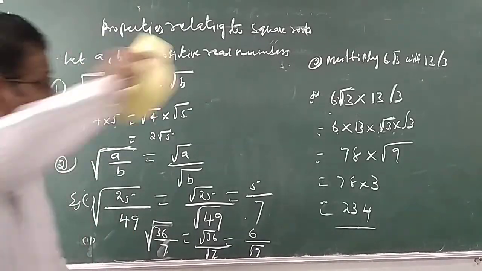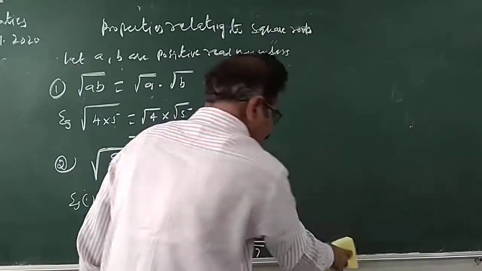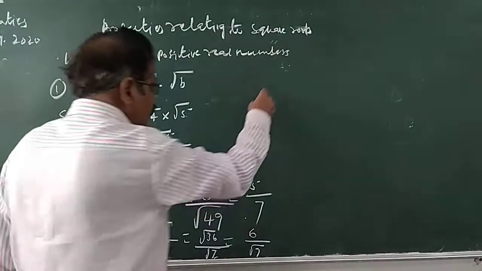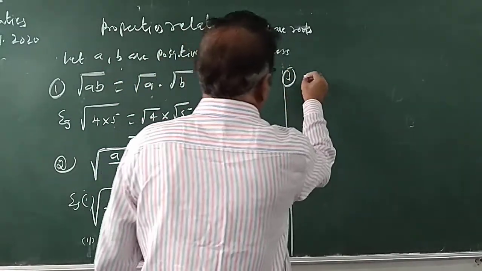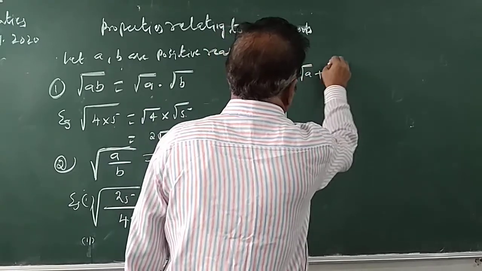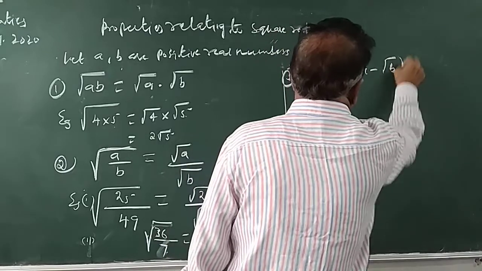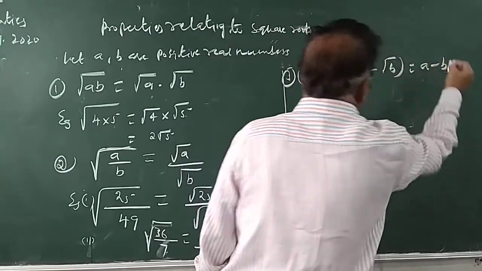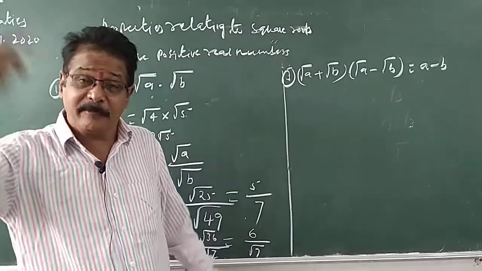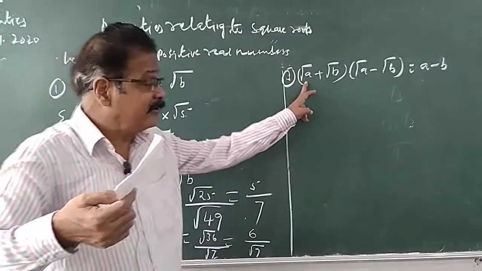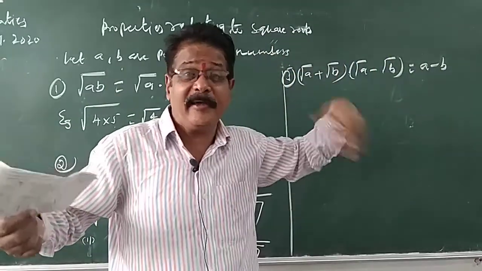Now the third one. You must note this. The third law is root A plus root B into root A minus root B equals A minus B. As you know, A plus B into A minus B is A square minus B square, which you learn in the 8th class. When the square root is not there, you write the square.